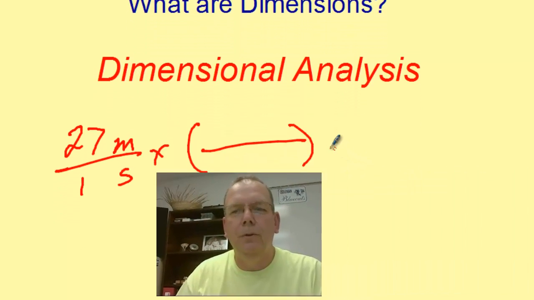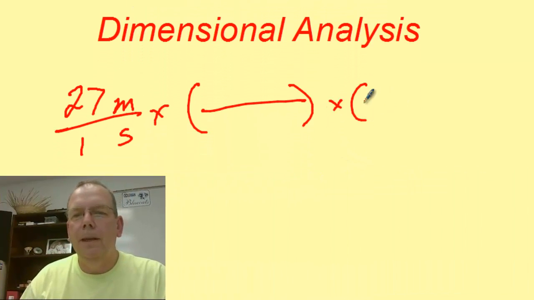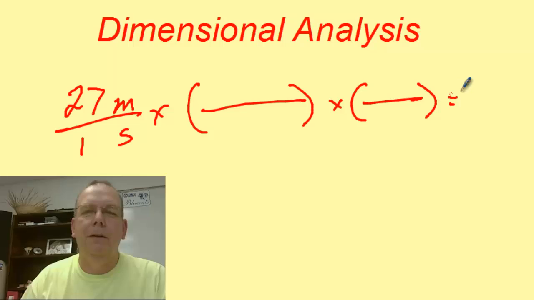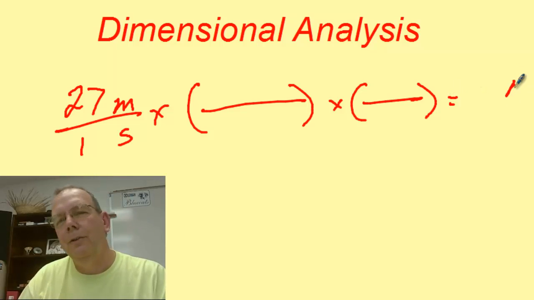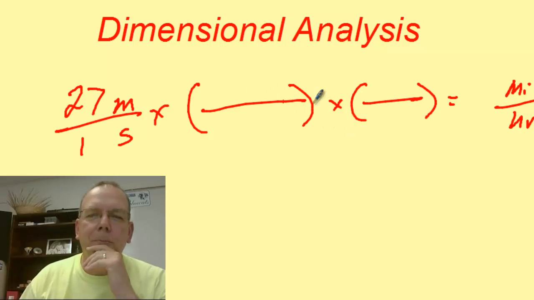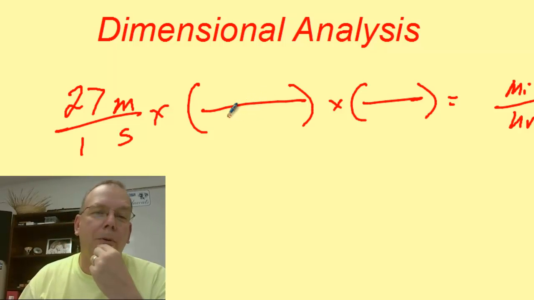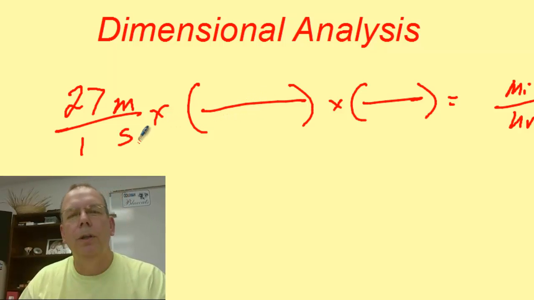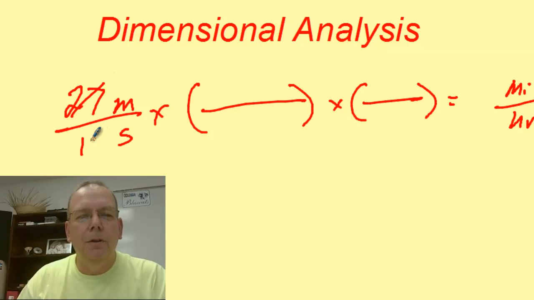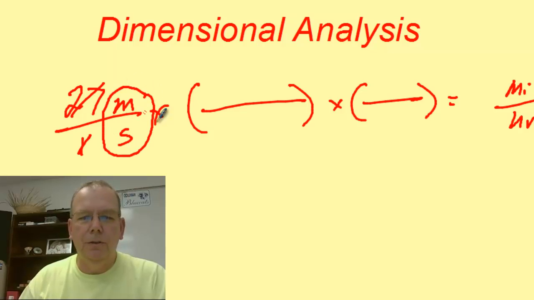So we multiply by these unit factors to get an answer in miles per hour. But if you really think about what your science teachers have told you in the past, or what I'm going to tell you as we move forward, I'm less concerned about the numbers when we do dimensional analysis, at least in the beginning, than I am about these units that we deal with.